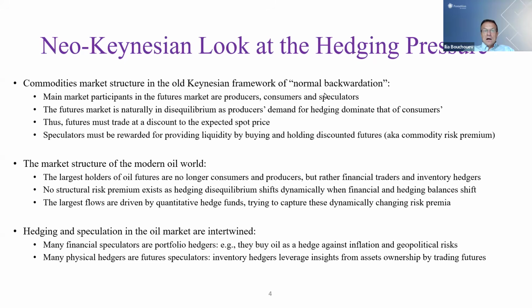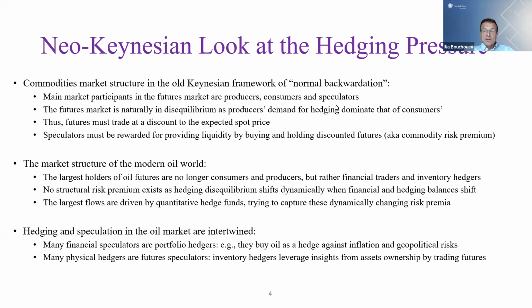The idea was that the markets are naturally in disequilibrium, where producers' demand for hedging dominates that of consumers, because producers basically have non-diversified, very highly concentrated risks. So they are much more exposed to the prices of the commodities they produce than consumers.